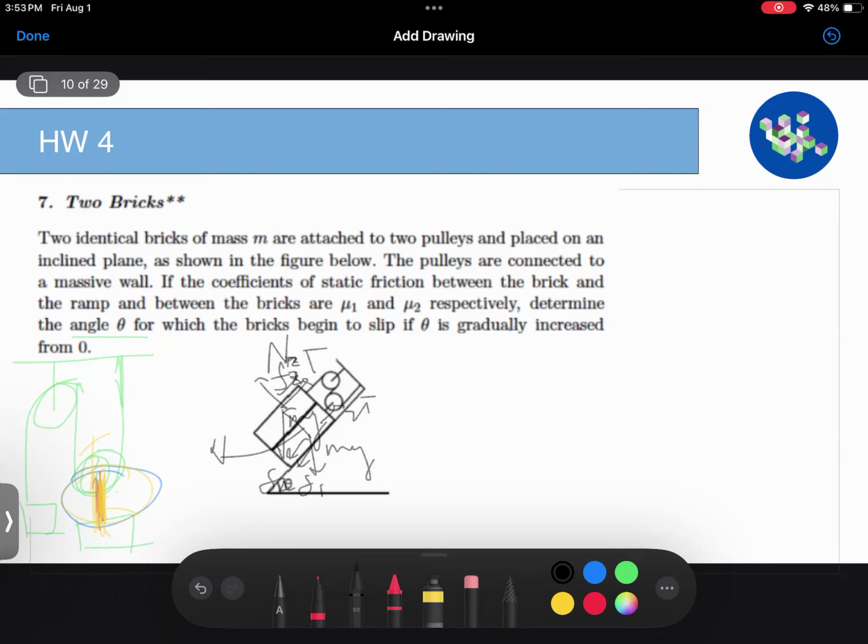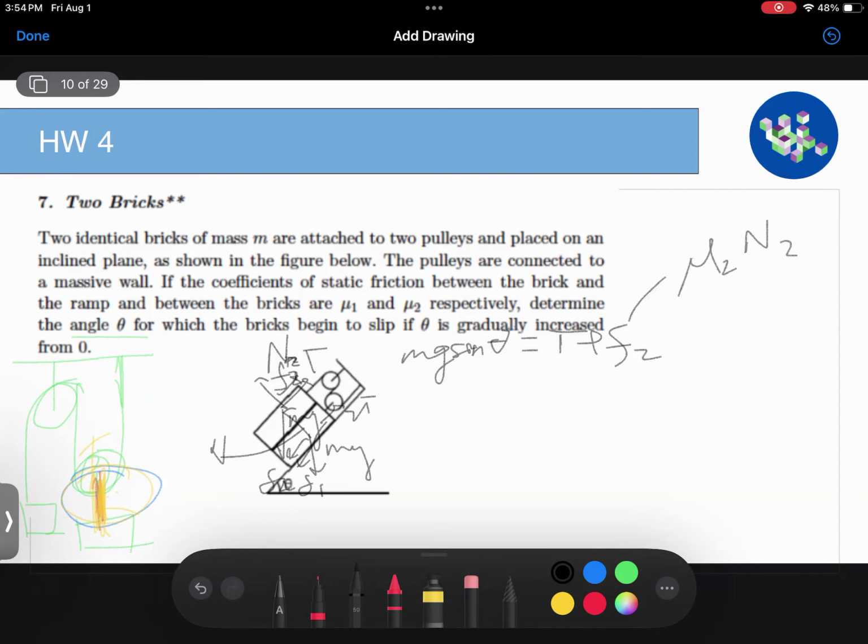So we do force balance on the top block, right? What are our forces? We have mg sine theta equals your F2 plus your T, right? I'll first write T so that I can cancel it out later. So T plus F2. Now what's F2? F2 is equal to mu2 N2.